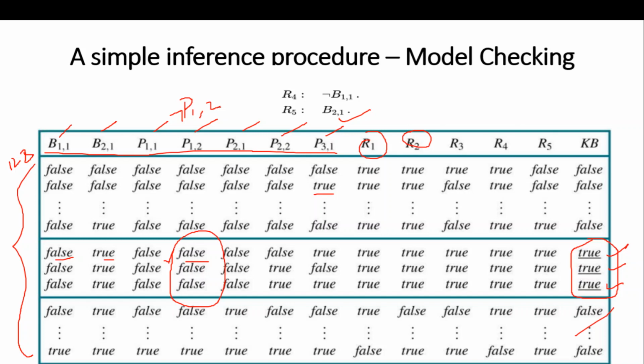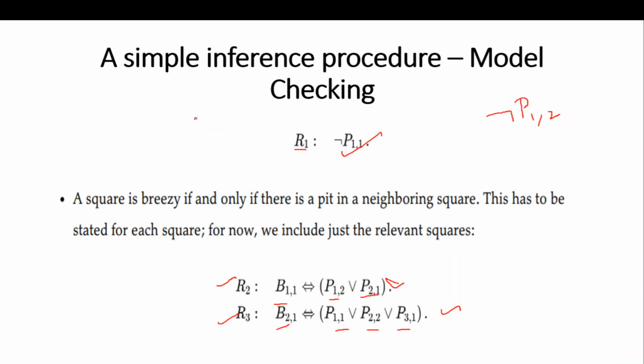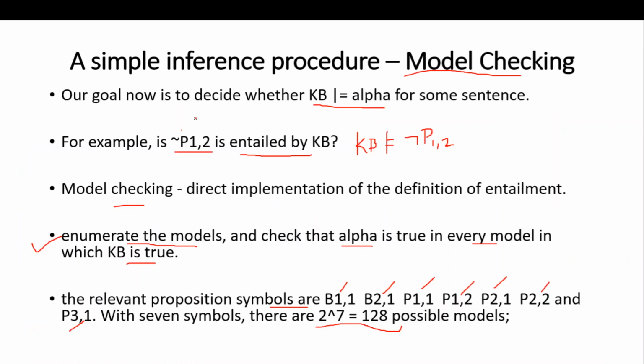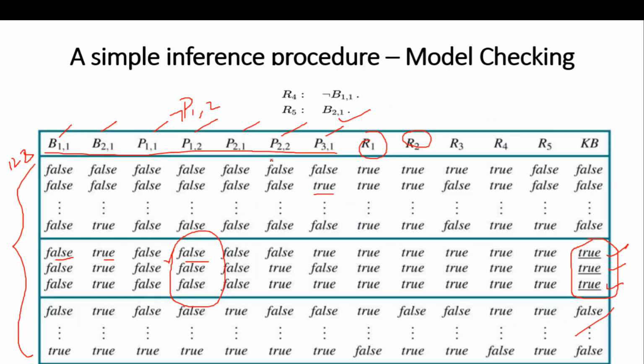So KB entails not P1,2, or not P1,2 is entailed by KB. That is what we are trying to prove. For that you have to create this type of truth table and find out.